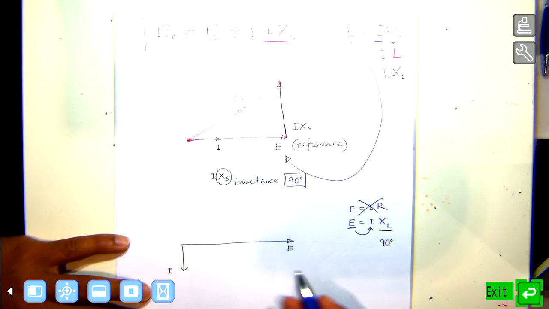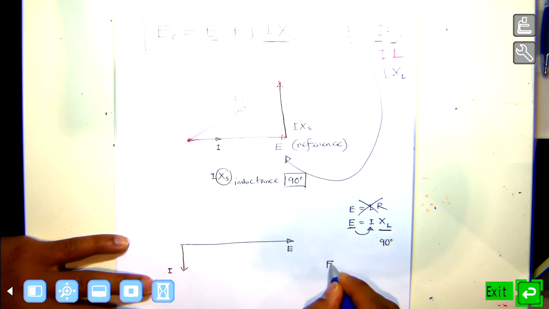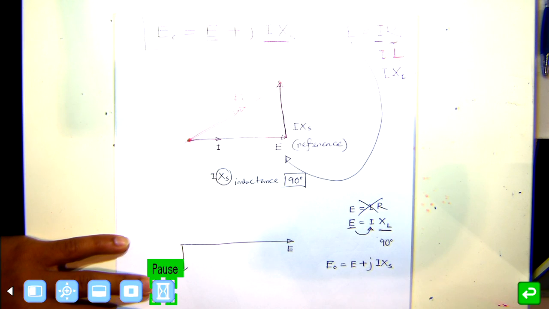So my equation remains the same. My equation is E0 equals E plus jIXS. Previously this E was IR. Now this E is IXL. Yes, this one is XL.